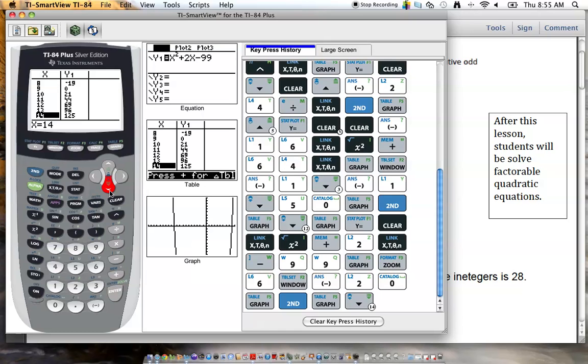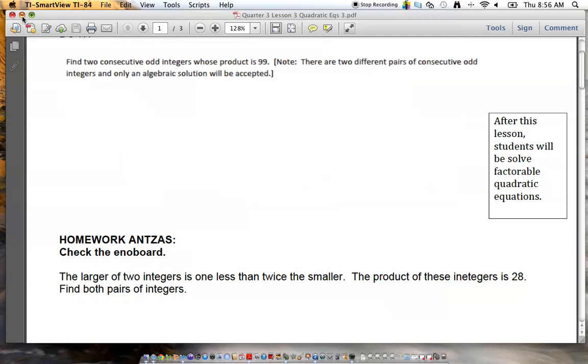And if you go in the other direction, you'll come up with negative 11. I don't want you to rely on your graphing calculator to get that answer instead of factoring, but I do want you to understand that if you're absolutely stuck, you can always graph the thing and come up with the solution. You can also look at the table to come up with the solution.